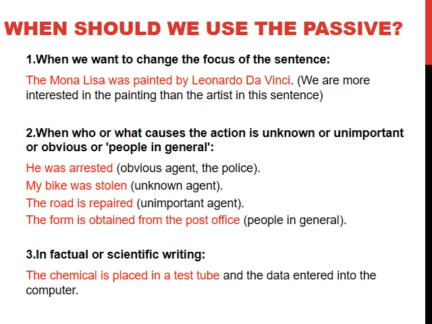With number three, when we have factual or scientific writing, we are going to use the passive voice. As you see here, we have the chemical is placed in a test tube and the data entered into the computer. So here we have a scientific style or scientific writing, so we use the passive voice.